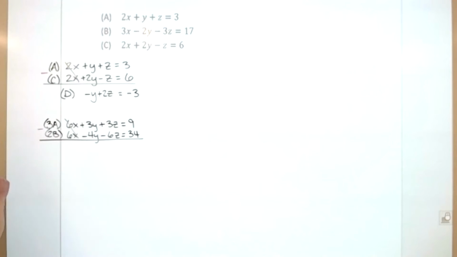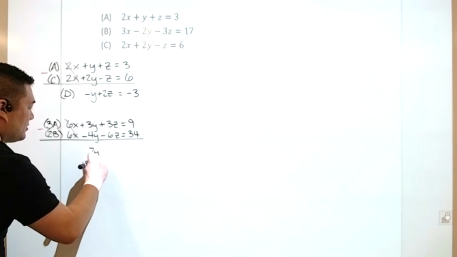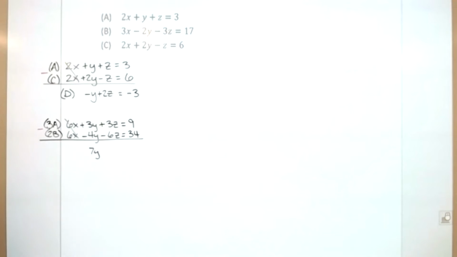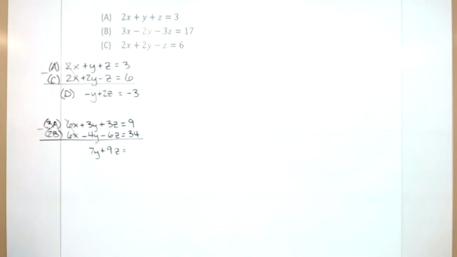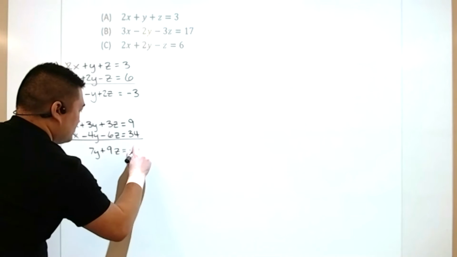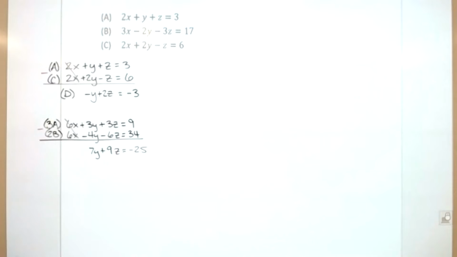So 3 minus negative 4 is going to be 7y. 3z minus negative 6z is going to be 9z. And 9 minus 34, well, that's going to be negative 25. I have created a brand new equation. I'm going to give it a brand new label. I've got A, B, C, D, E.